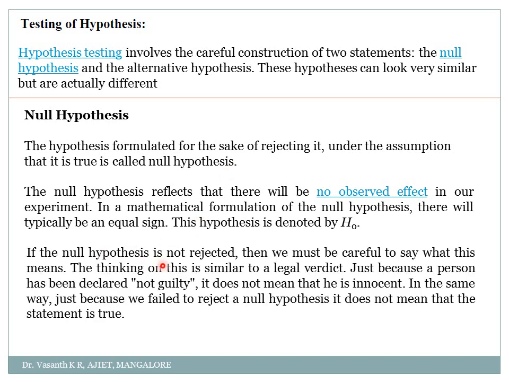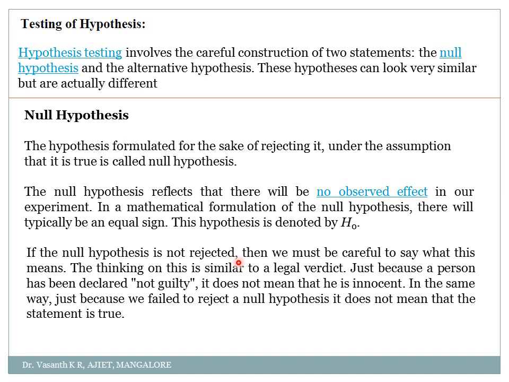Also, if this null hypothesis is not rejected, then we must be very careful to say what it means, right? See, null hypothesis is not rejected means we have to be very careful. If my hypothesis is that the person is having corona, and assume that this hypothesis whatever you have selected is not rejected.